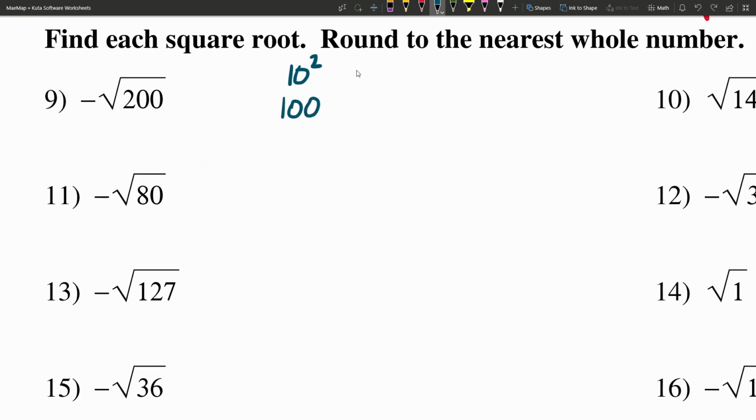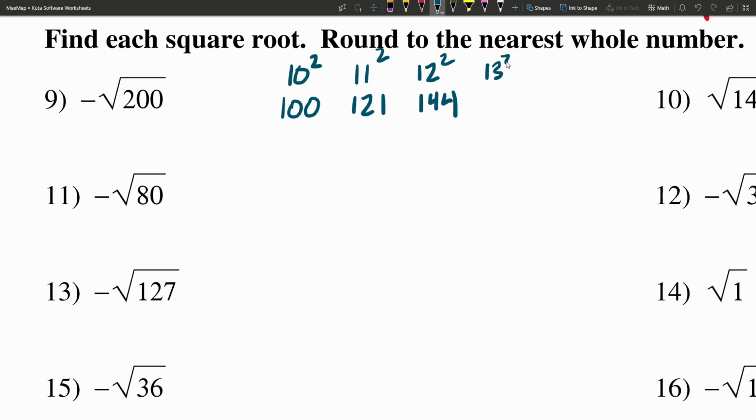Let's continue on. What is 11 squared? Well, 11 times 11 is 121. So we know that 11 squared equals 121. Still not close enough to that 200. How about we try 12 squared? Well, 12 squared is 144. 144 is getting closer to 200, but not quite there.